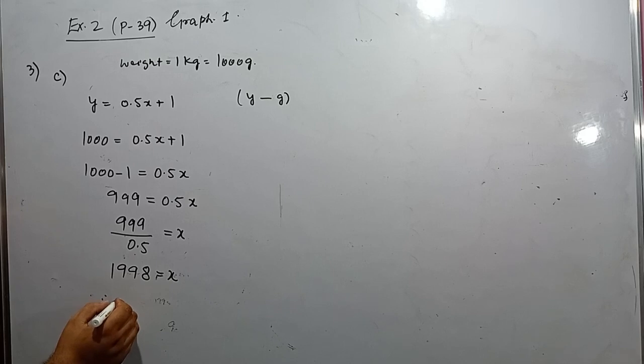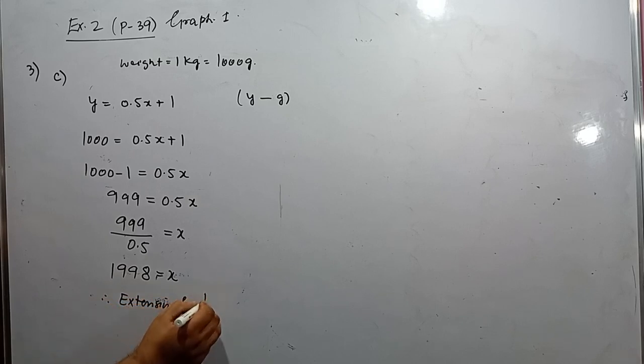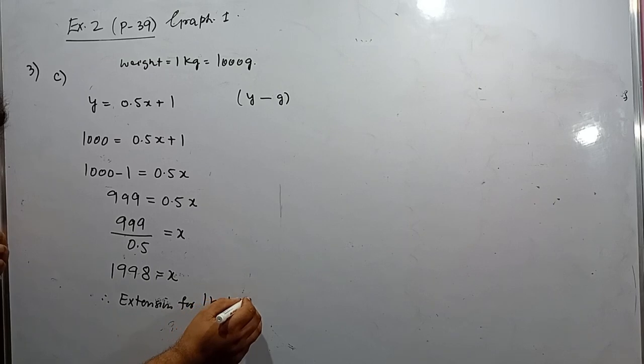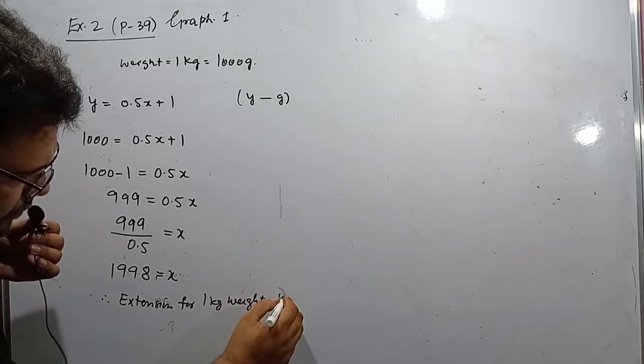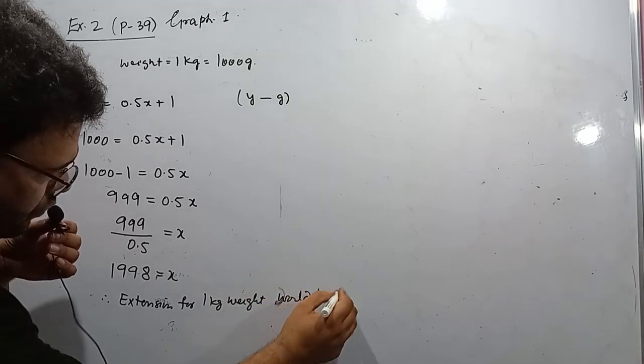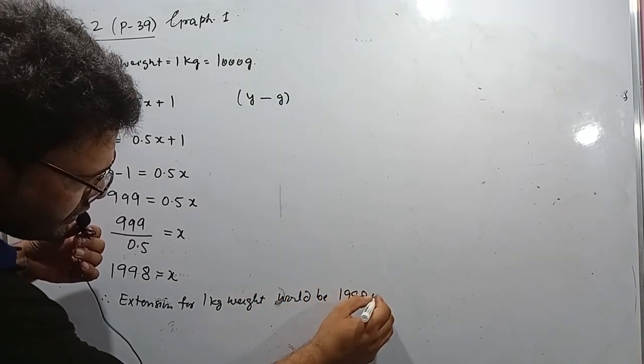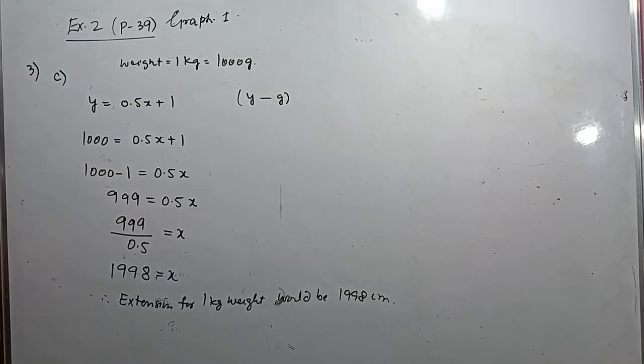Therefore, I can write the extension for 1 kg weight would be 1998 centimeters. Now comment on your answer.